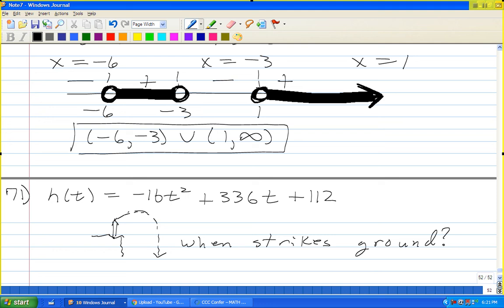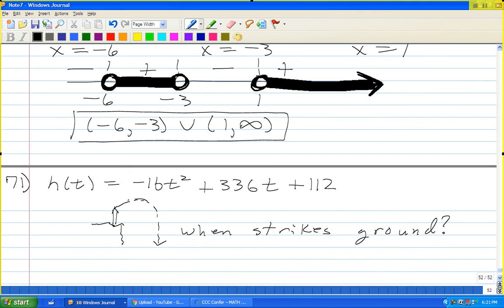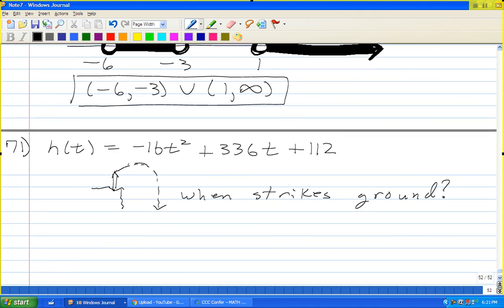So let me solve this. So it strikes the ground when it is 0 feet above the ground. So I have here negative 16t squared plus 336t plus 112 is 0.